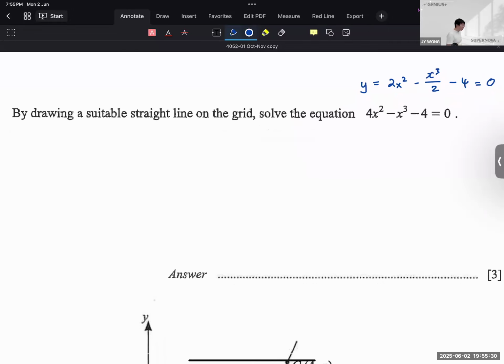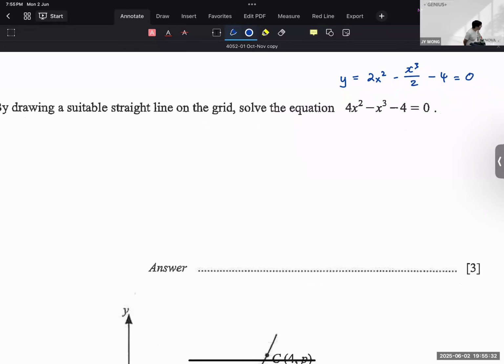What do I need to do here, Ashwin? You need to make y appear. Meaning you need to make this equation look like y. What is the common mistake that students make? You all make y look like the other equation, which is wrong. The graph that is drawn is y.